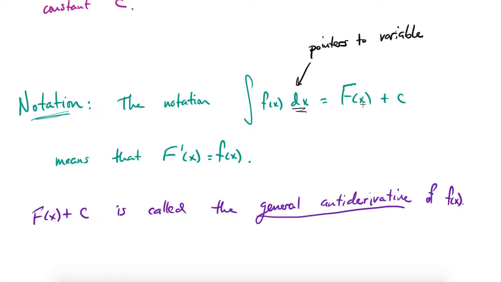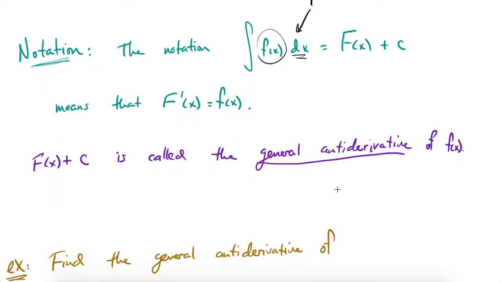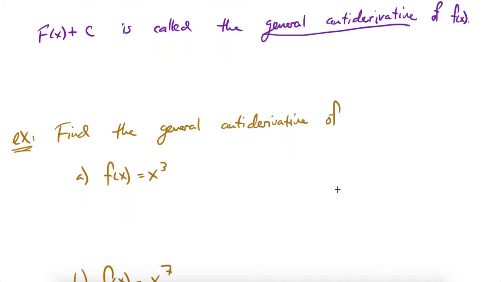And in general, we give the meaty part of the antiderivative, and then we throw a generic plus C on there. What this means when you write this is that if you took the derivative of this side, you would get this little function inside the integral on the other side. And this F of x plus C is called the general antiderivative for your little function, okay? And that is a the, right? Not just a general antiderivative, but the general antiderivative.